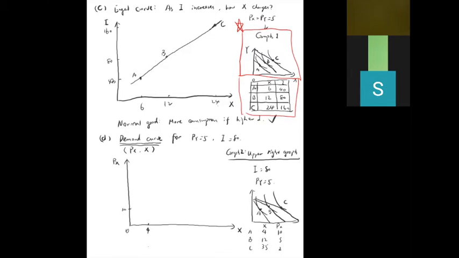So roughly here. I'll leave more space for the following dot. So when price equals 10, this is my demand. And when price equals 5, my demand becomes 12.